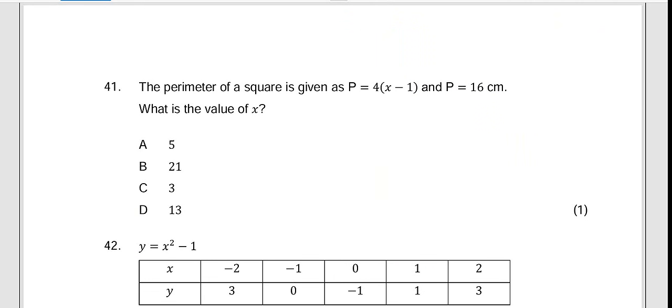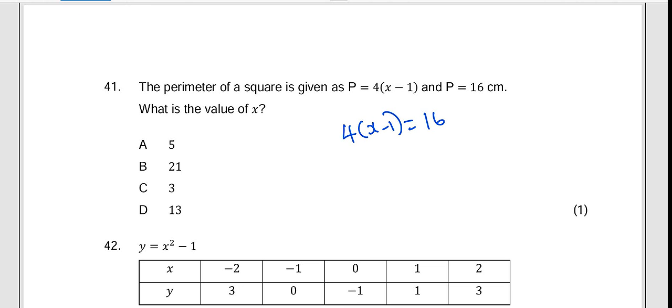The perimeter of a square is given as P equals 4 brackets x minus 1, and P equals 16. Number 41. What is the value of x? So it's going to be 4(x minus 1) equals 16, because P is 16.